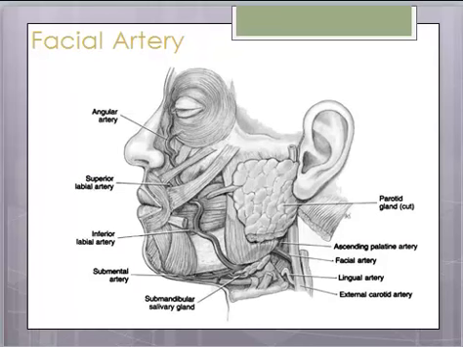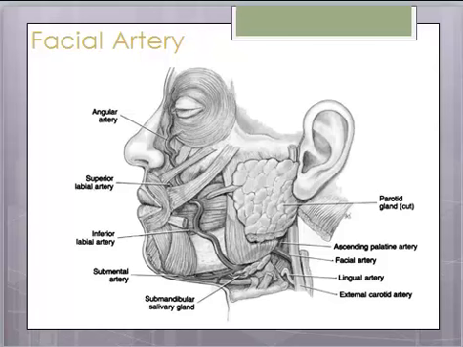So let's see here. Facial artery, here's our lingual, and then right above we have our facial artery. The facial artery breaks into a lot of different little arteries: the ascending palatine, the submental, anterior labial, superior labial, and angular artery.